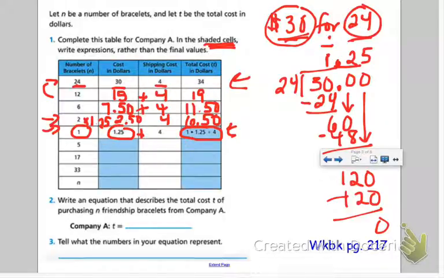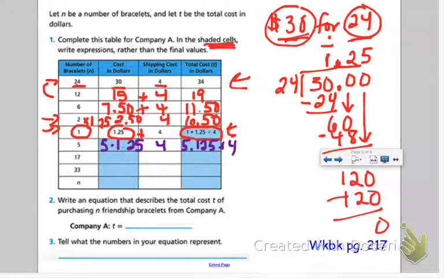So if I'm talking about 5 bracelets, I would have to do 5 times $1.25 to get my cost. And of course $4 for shipping, so basically it's 5 times $1.25 plus $4 to get my total cost.